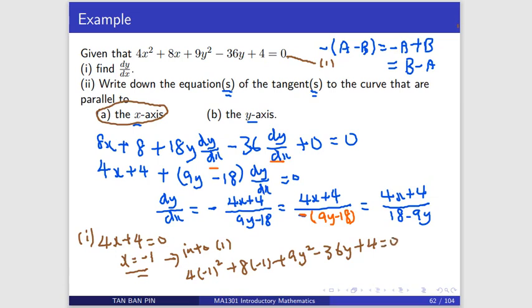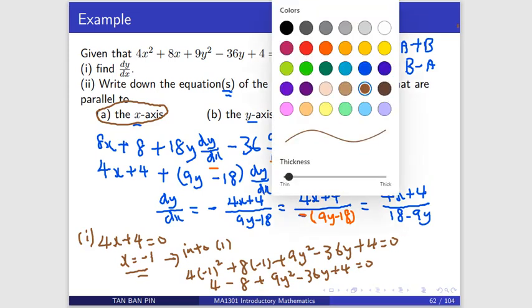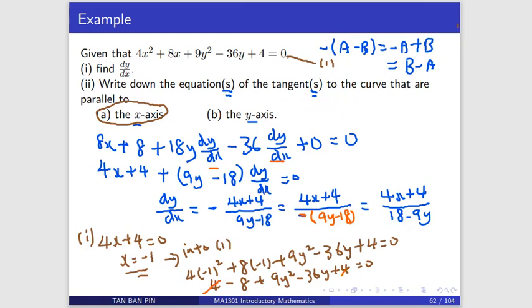So this is what you have, and you work out this will be 4 minus 8 plus 9y squared minus 36y plus 4 is 0. And then you'll find that the numbers will cancel out: 4 plus 4, 8 minus 8, so no more.